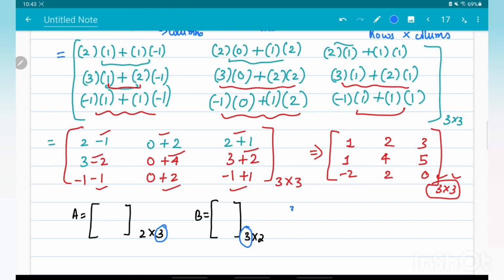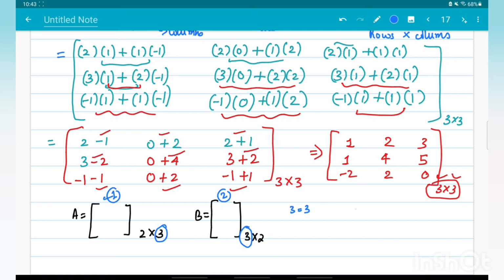Here 3 is equal to 3, that is, the columns of the first matrix equal the rows of the second matrix. So the first step is verified, and these two matrices can be multiplied.